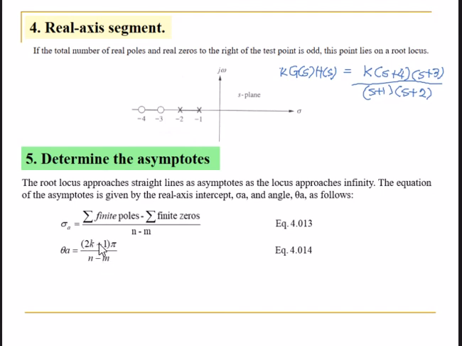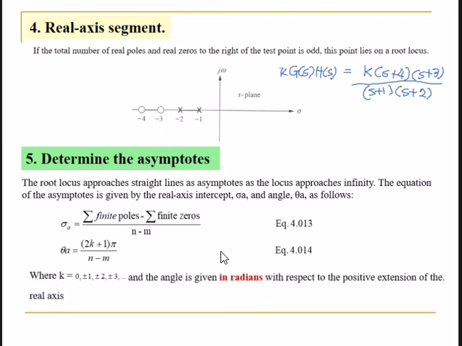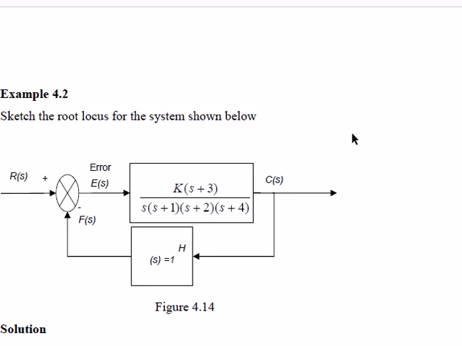So k starting from 0, 1, 2, 3, where k is 0, plus minus 1, plus minus 2, plus minus 3, and the angle is given in radians with respect to the positive extension of the real axis. So we look at example 5.2. This is an example to determine the asymptote value.